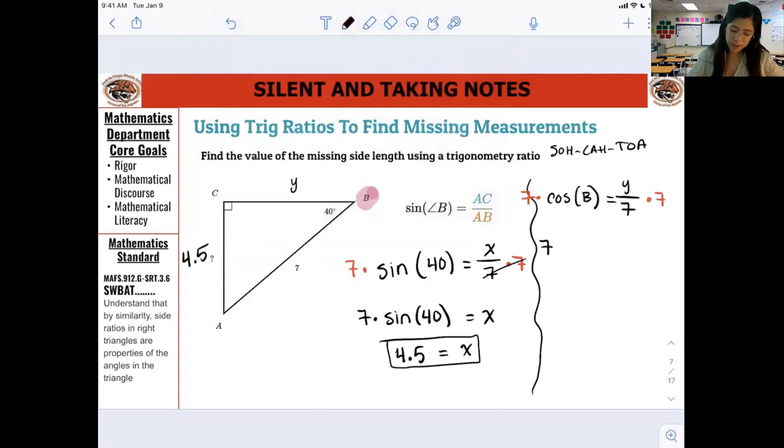So 7 times the cosine of 40. We use our calculators to find the cosine of 40, multiply it times 7, and we get 5.36.